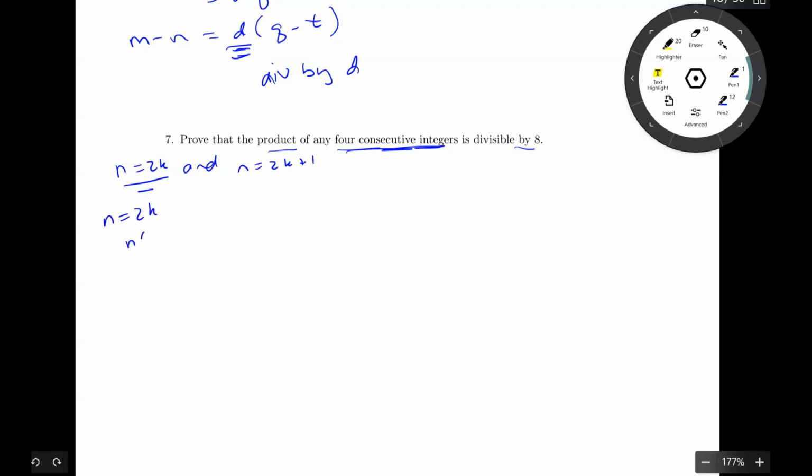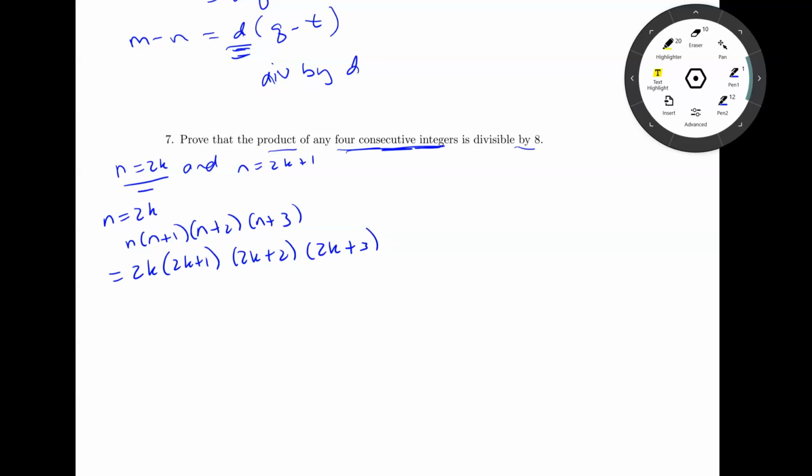So 4 consecutive integers: n times n plus 1 times n plus 2 times n plus 3, right? Now let's substitute in 2k. So 2k plus 1, 2k plus 2, 2k plus 3. Okay, so let's see. This here I can break up, right?